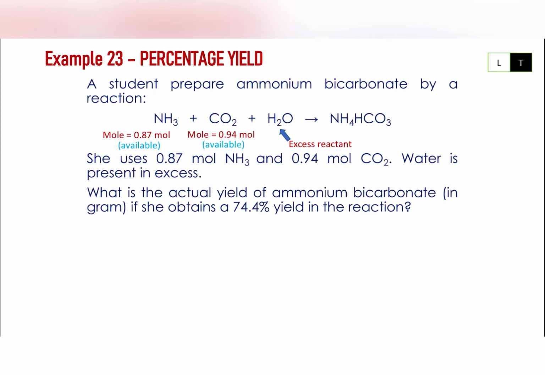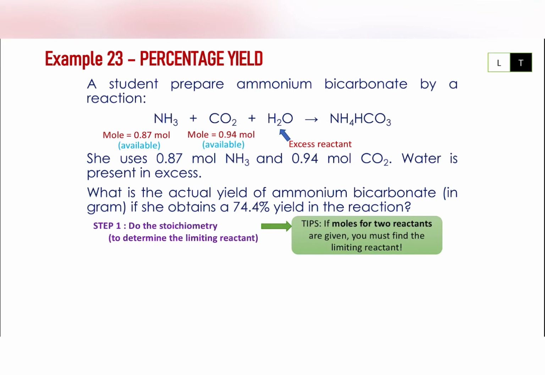Now, go to step number 1. You have to do the stoichiometry. What I have here is between ammonia and carbon dioxide. If 2 moles of reactants are given, you must find the limiting reactant. So I'm going to continue by doing my stoichiometry based on ammonia and carbon dioxide.